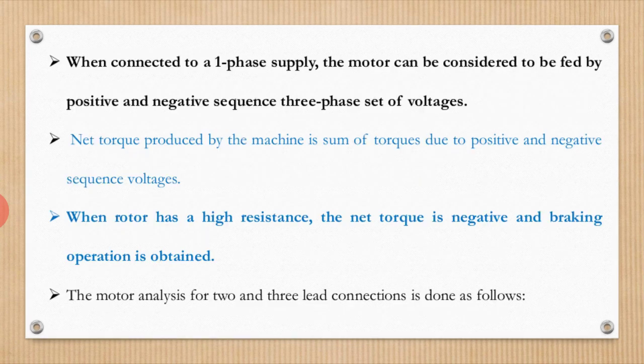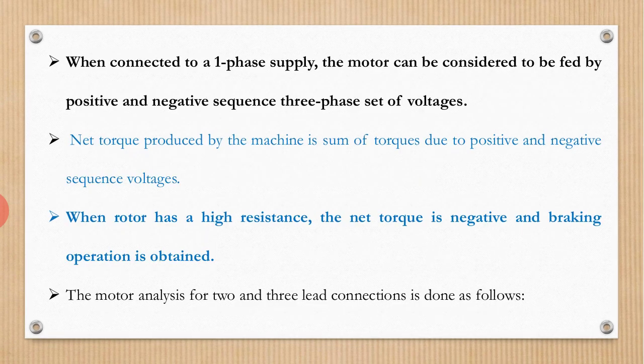I already explained this. Let me now discuss what happens when we disconnect from the supply. When connected to a single phase supply, that is, out of 3 phases we remove one phase, the motor can be considered to be fed by a positive and negative sequence 3 phase set of voltages.